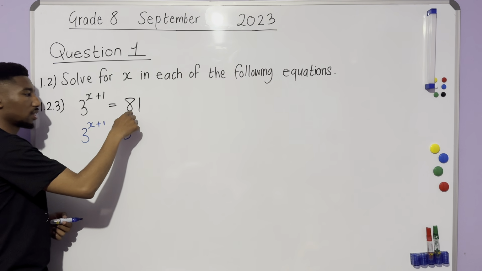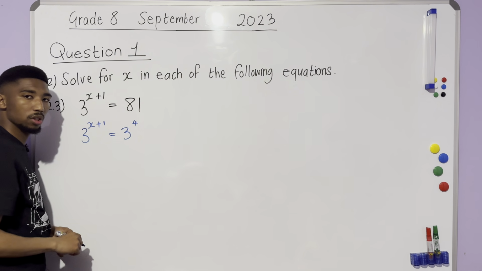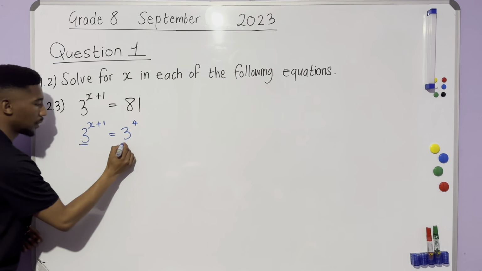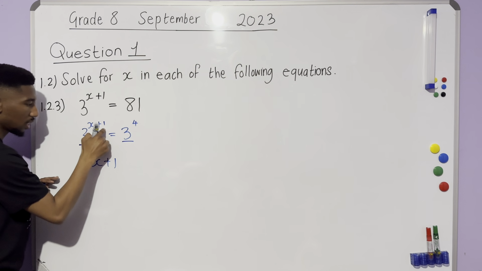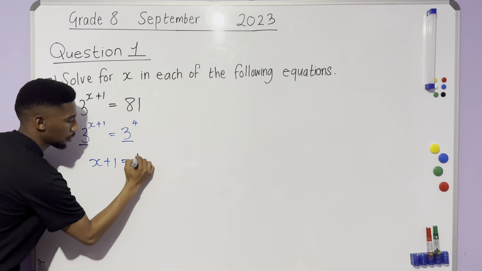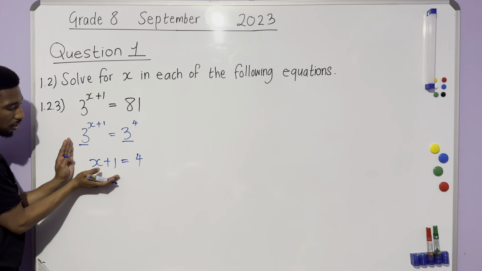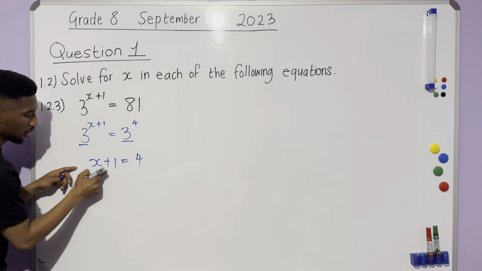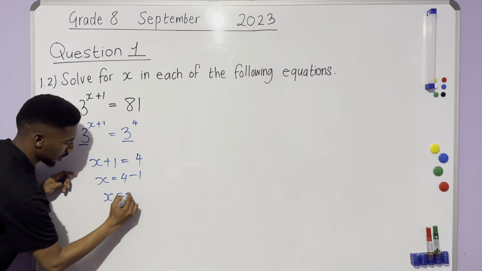The reason I can rewrite this 81 like this is because 3 to the power of 4 equals to 81. Now that the bases are the same, I can equal my exponent on the left side to the exponent on the right. And I find myself having another equation, which is quite basic. We do the inverse of plus 1 on the other side, and we get 3.